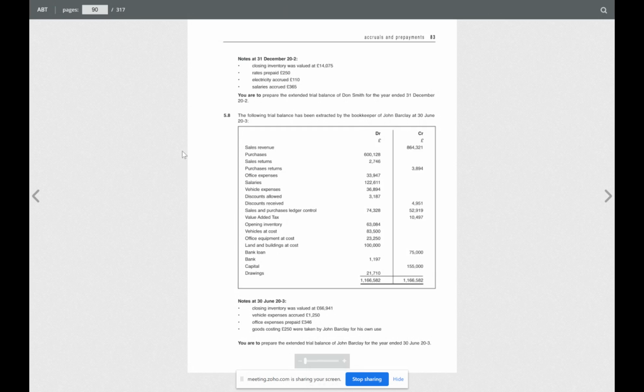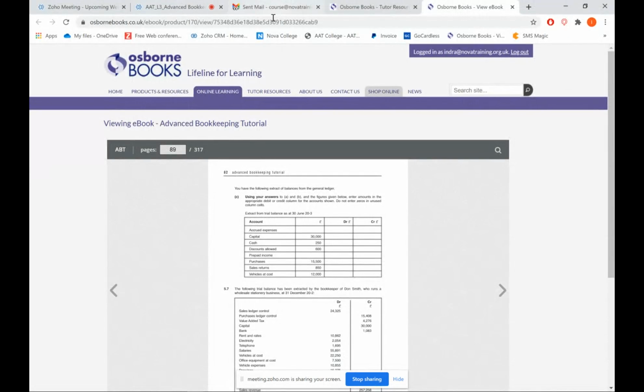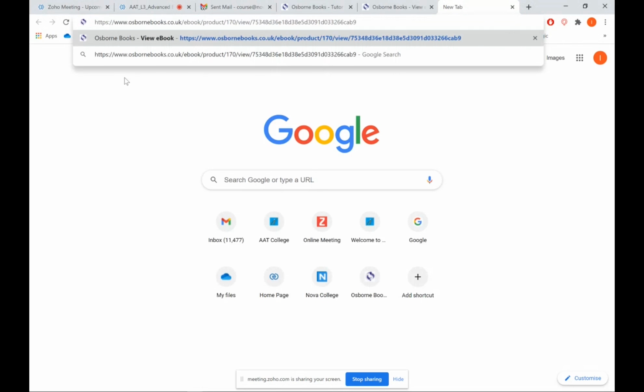So I guess we should be able to see the book basically. Okay, let me open the book as well. Oh gosh.